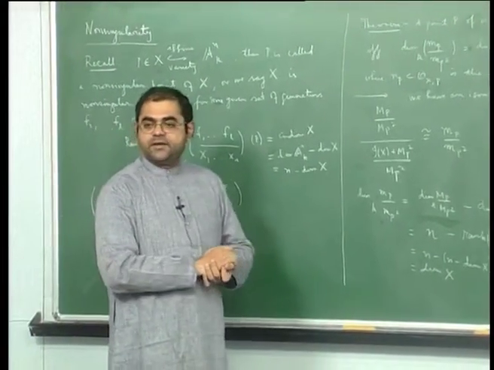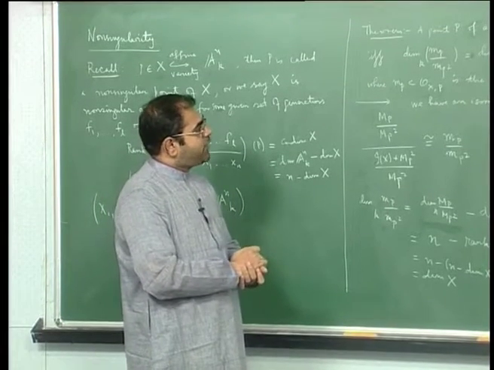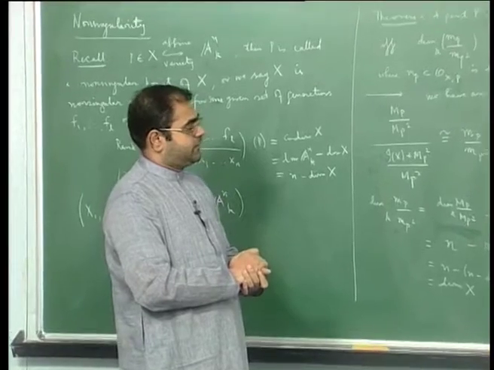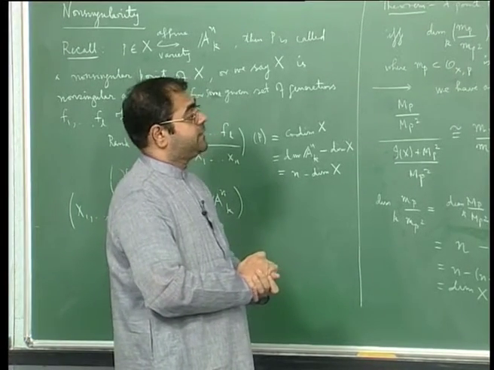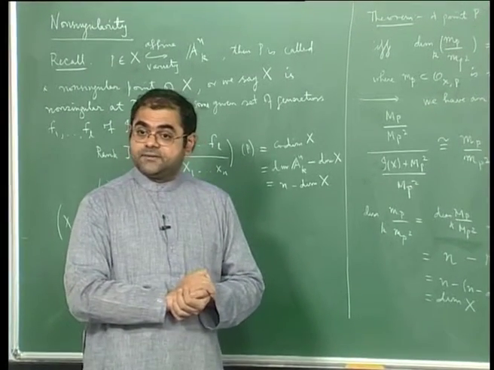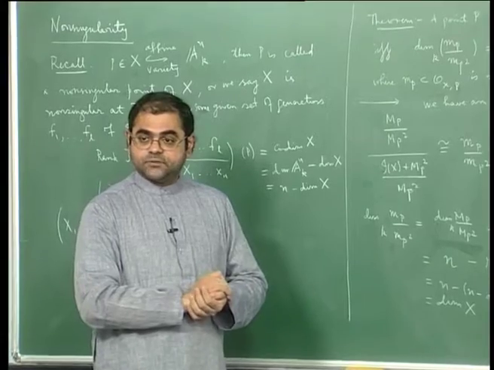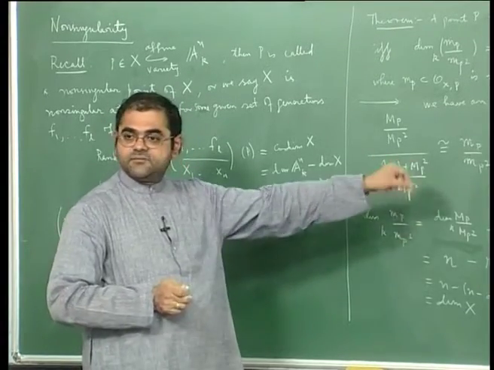So in this connection I need to tell you that the set of singular points is a closed subset, okay. That is a fact that can be seen immediately from this argument.